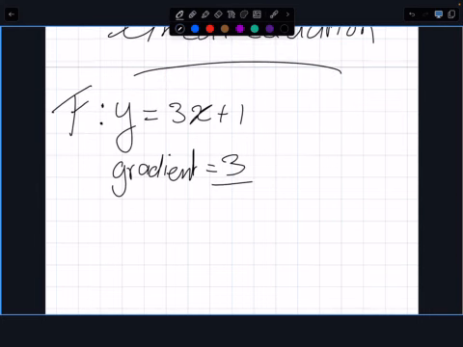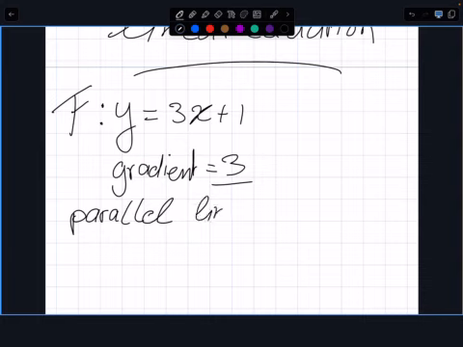The next thing is parallel lines, and then we shall stop at parallel lines. What is a parallel line?